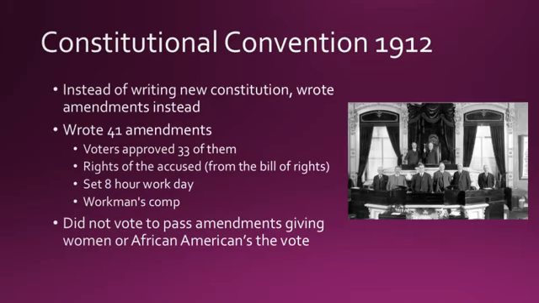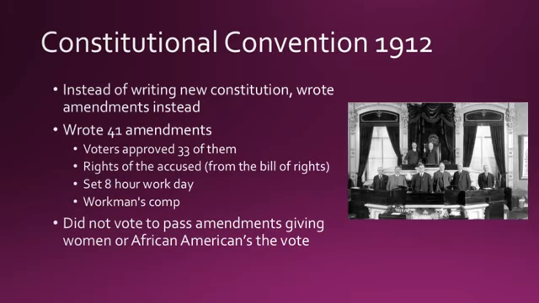One of the amendments that did not pass was giving women and African Americans the right to vote. Even though it's important to know African Americans already had the right to vote, because the amendment to the federal constitution that gave black men the right to vote was passed in 1870, so like 50 years.